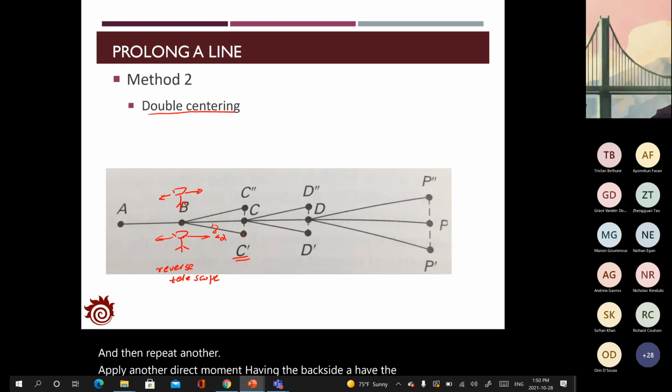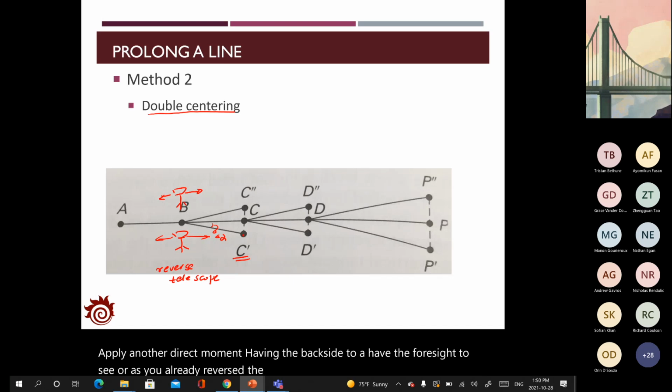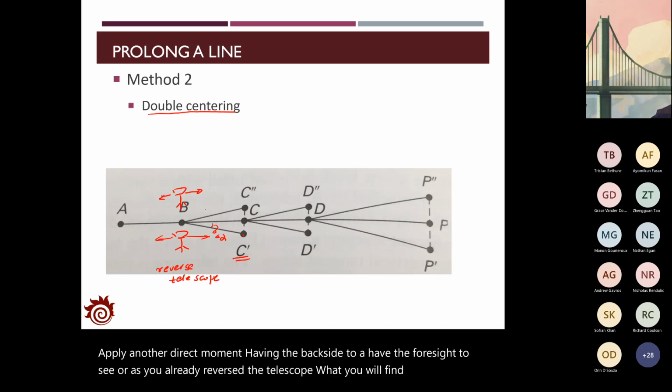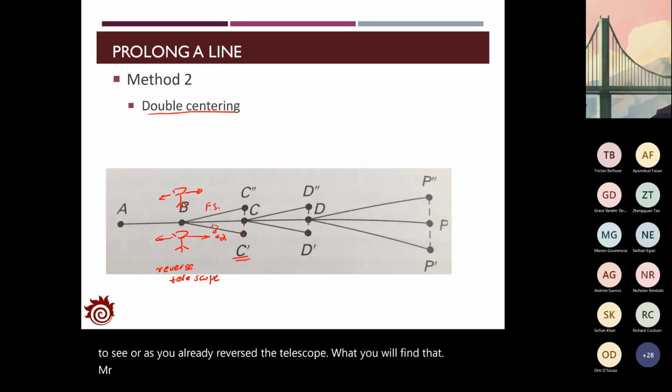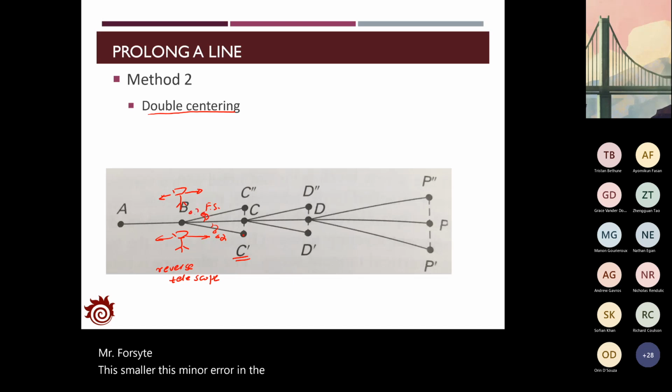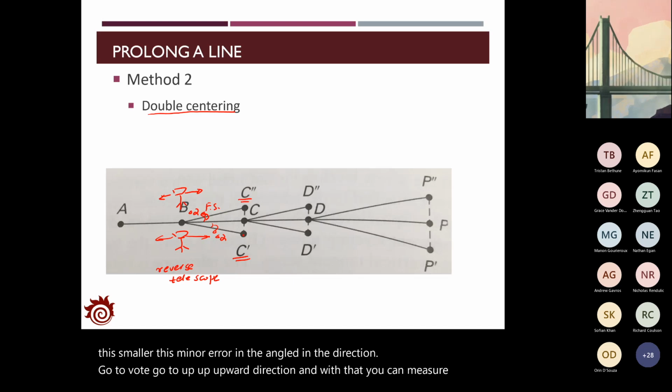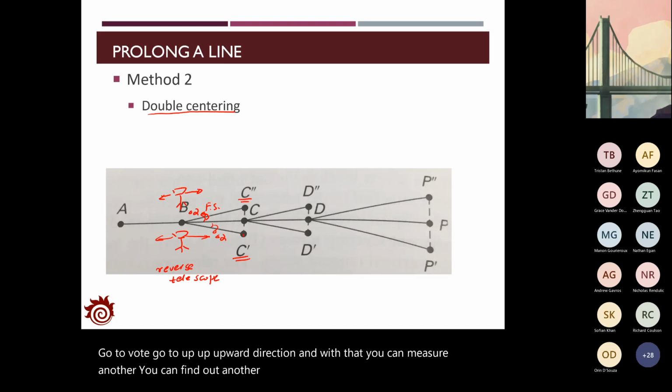As you already reversed the telescope, you will find that with the foresight, this minor error in the angle or direction will go in the upward direction, and with that you can find another estimated location for C. That will be C double prime, which will be on the other side of C prime.